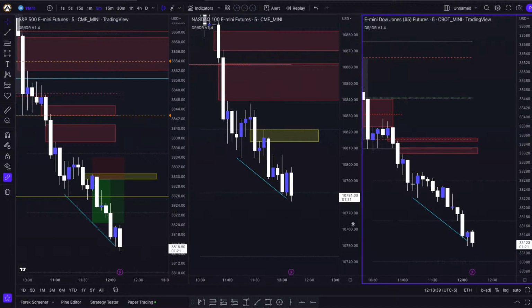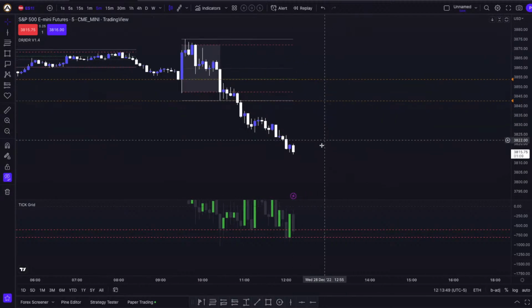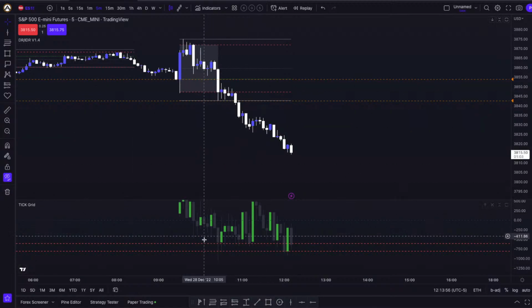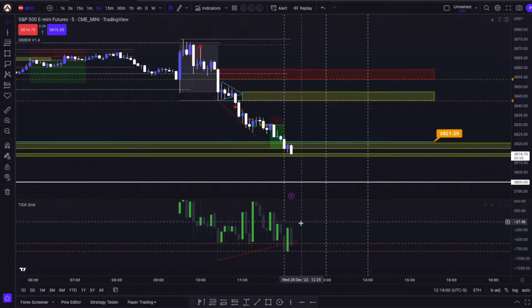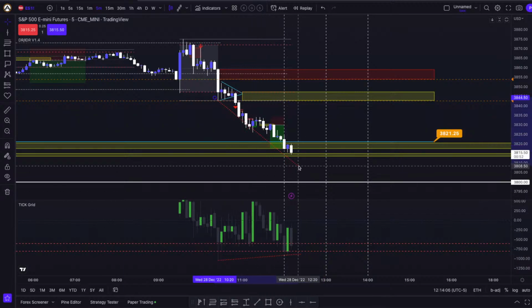All right, still no proper divergence on any of the US indices. Still continuing to form lower lows on all 3 charts. We still have a slight divergence here on a 500 time frame between the S&P and the tick grid right here. Let me draw it up. We still formed higher lows and lower lows right here on the S&P.